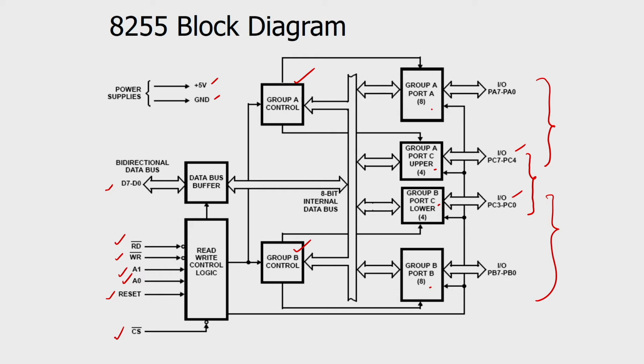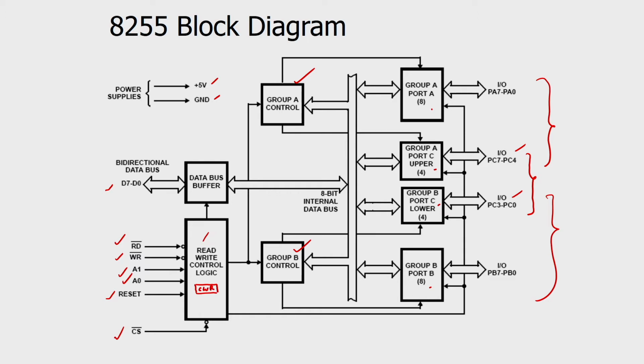Okay. So, here this is the read write logic. Using this read write logic, we can select the type of operation, whether it is reading from the input device or writing into the output device. This A1, A0 is used to find out the control word register. Inside this read write logic, there is a control word register which plays an important role.